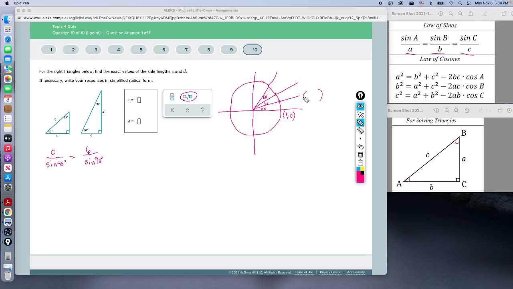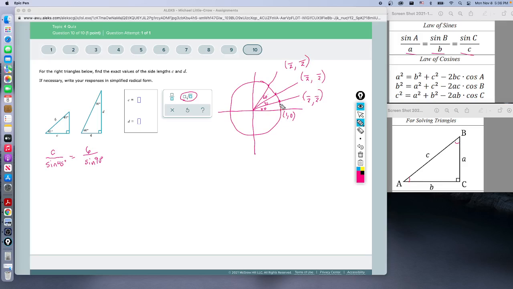These coordinates, since it's dealing with half a circle, every coordinate is divided by 2. 45 is divided by 2, and the 60 degree angle is also divided by 2.